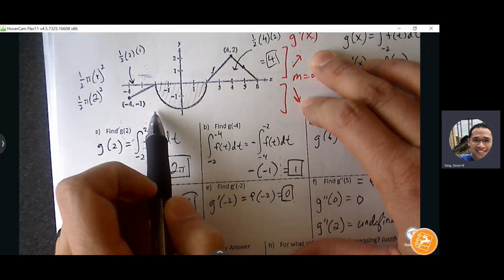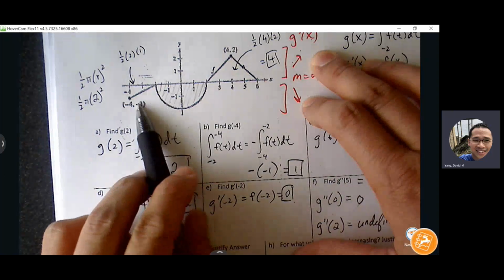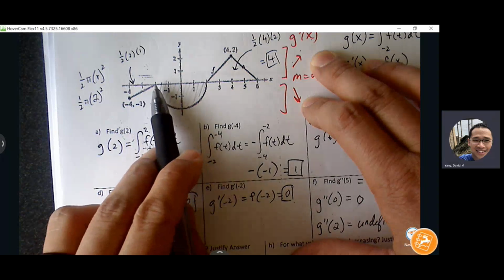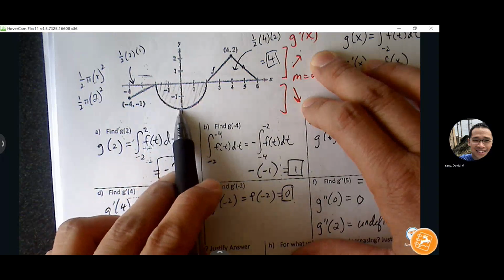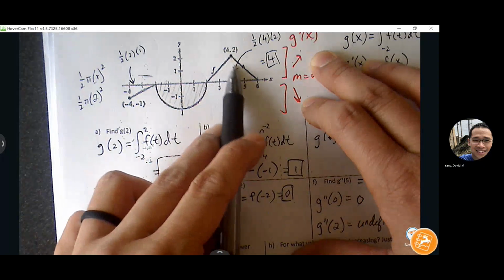Now we want to fill in the rest of the blanks with concave up, concave down information. So what's happening here? Concave up because it's rising. Concave down. Concave up, concave down. Yeah, so it's going to keep alternating.